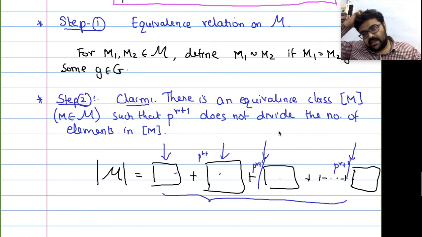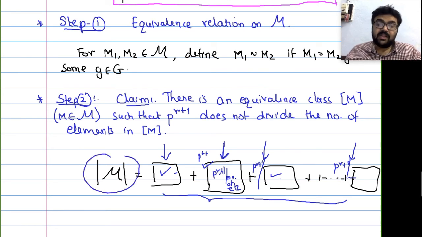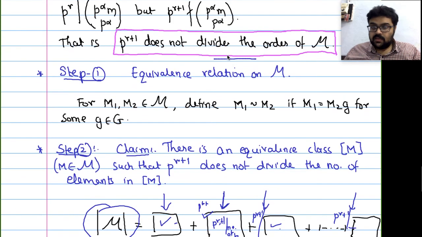Okay, so that is the language. What I'm saying is that there is one such class so that p power r plus 1 does not divide the number of elements in this class. Because if p power r plus 1 divides the number of elements in every class, then it divides the number of elements in M, which is not the case.